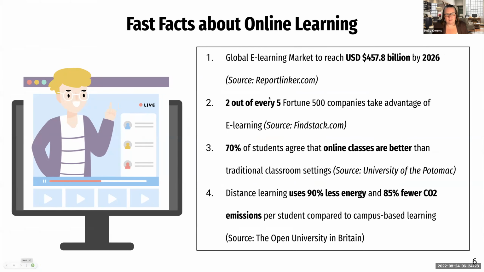So let's talk about some fast facts about online learning. As you know, online learning is really huge. You talk about online learning, e-learning, they all fall under this big umbrella. And by 2026, this particular industry is expected to reach $457.8 billion.